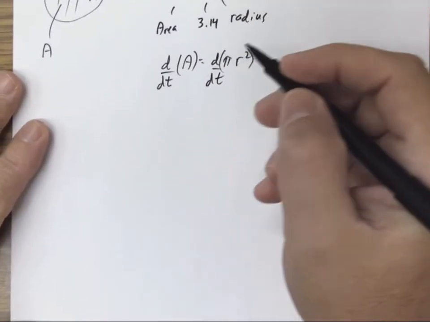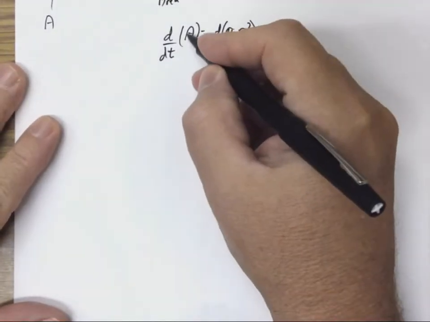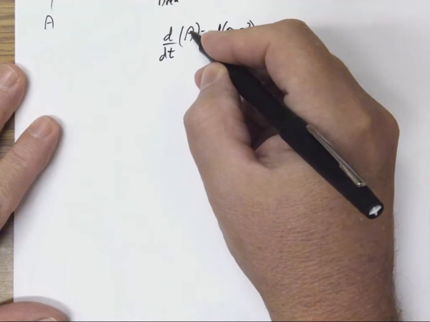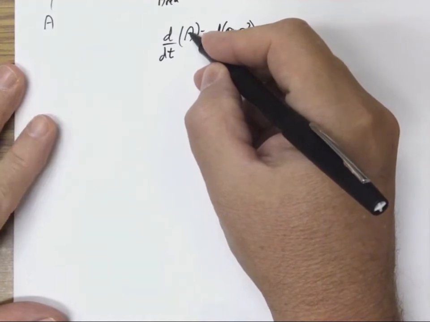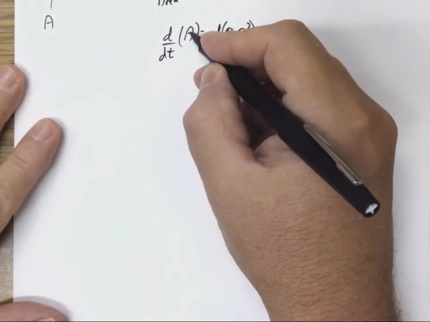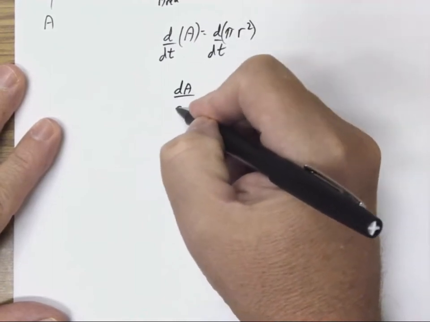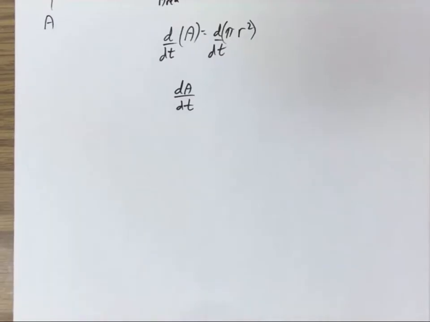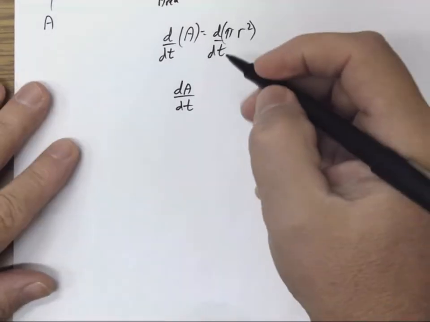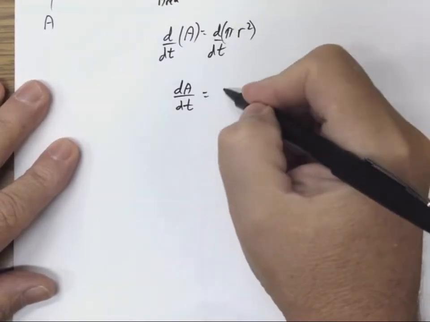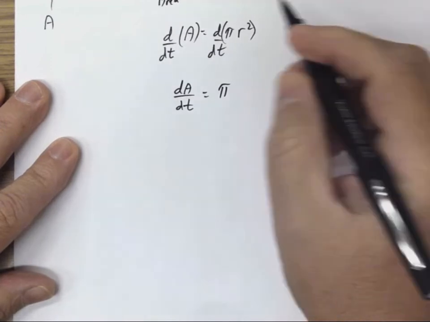So my two variables here, it's almost like I'm going to take the derivative of A, which is just 1, but because A is not t, we end up with dA dt. Now pi is just a constant, so it comes out.